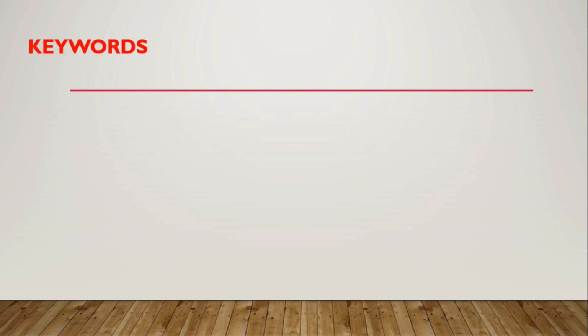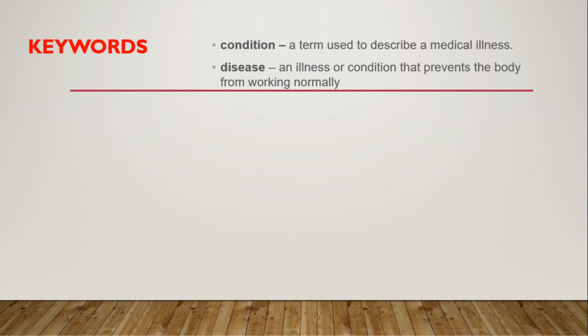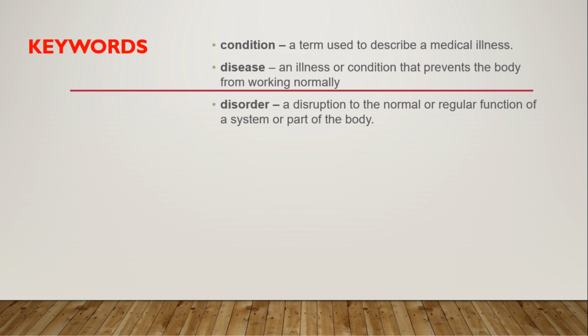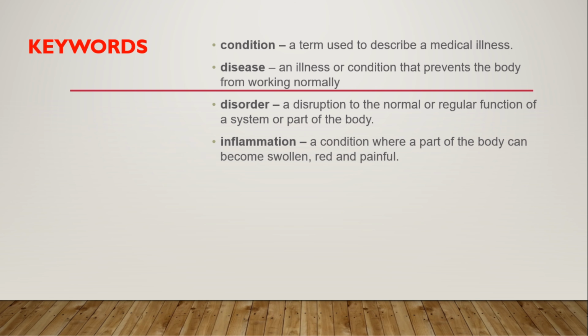Okay. We have some keywords like condition meaning اللي هي الحالة, a term used to describe medical illness, and disease, an illness or condition that prevents the body from working normally. We have disorders. A disorder is a disruption to the normal or regular function of a system or parts of the body.